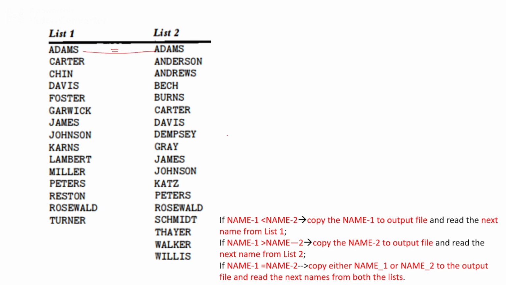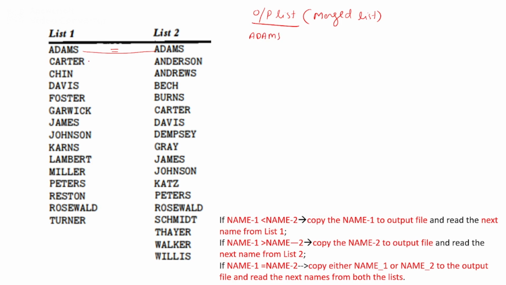These are equal, so when it is equal, copy either name 1 or name 2 because both are equal, right? So I will write the output list over here where you will get the merged list. Adams, both are equal, so I will write it here.